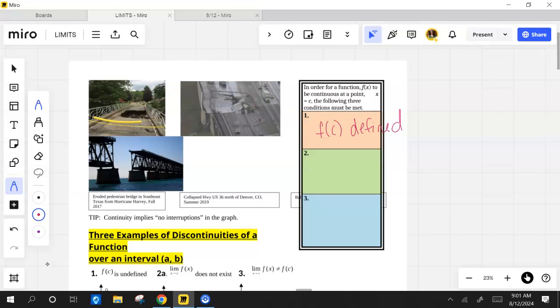The second thing is the limit as x approaches that value must exist. Well, we know in order for it to exist, that means that the limit as x approaches c from the left has to equal the limit as x approaches c from the right.